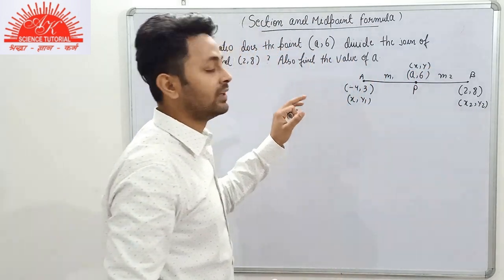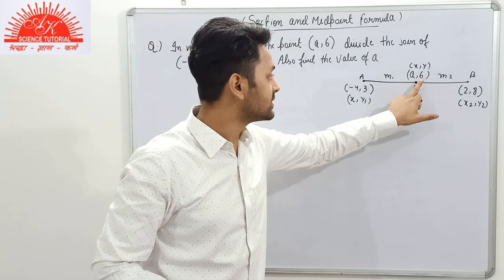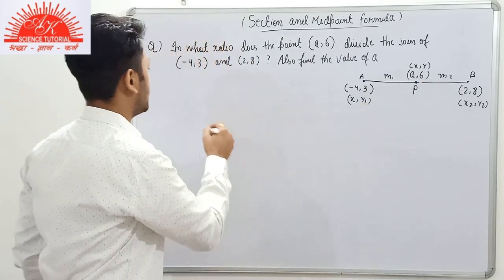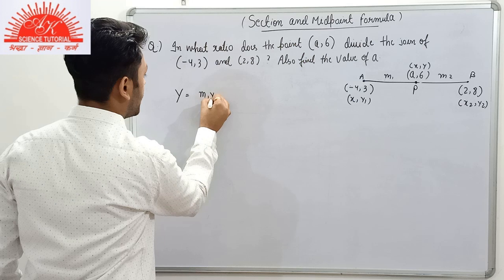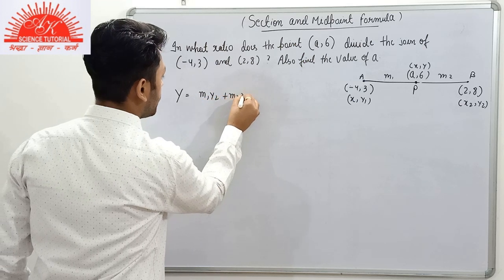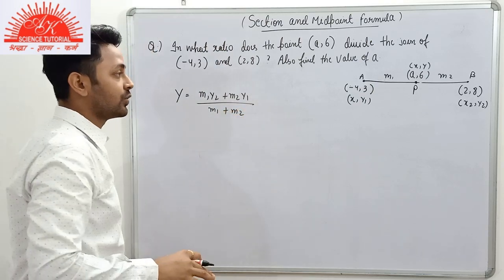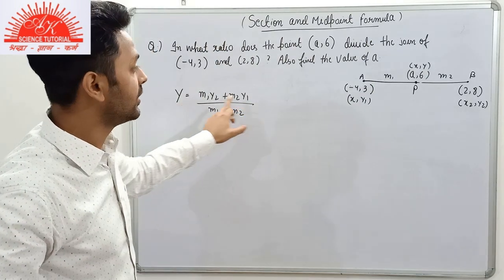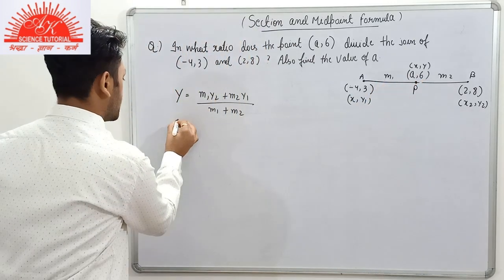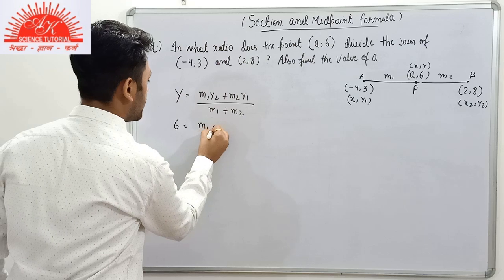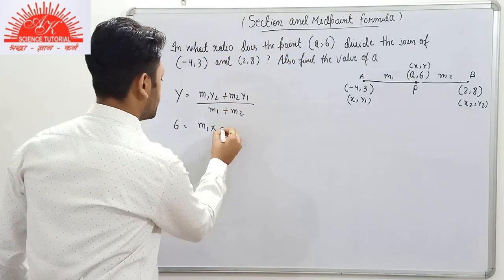Here we just have to find the ratio. The value of y is given here, that is 6. So we will directly use the formula: y is equal to (m1 y2 plus m2 y1) by (m1 plus m2). The value of y, the ordinate of the point P, is given, that is 6. m1 is unknown to us. We will multiply it by y2. The value of y2 here is 8.